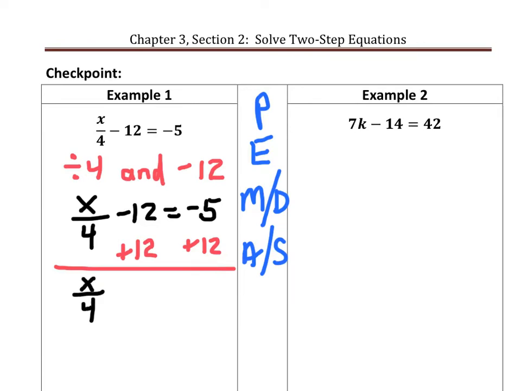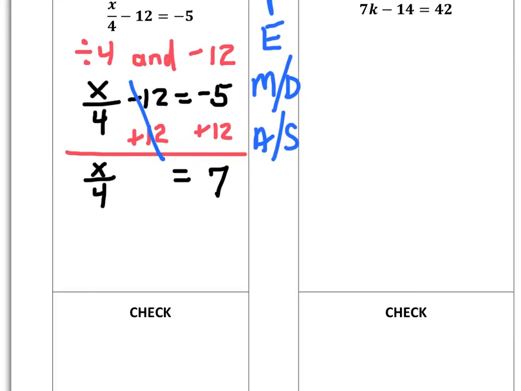X divided by 4 comes down. Of course, opposites reduce out to 0. And we've got a negative 5 plus 12. Different signs, take the difference and give it the sign of the number farthest from 0 on the number line. So that will turn out to be 7.